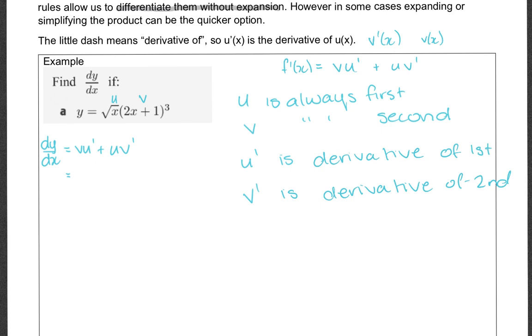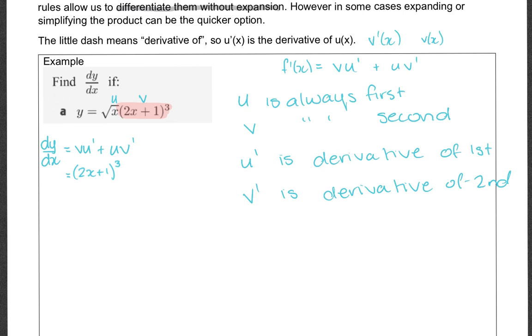So what's v? This is v here. So we need to write that down, 2x plus 1 cubed.